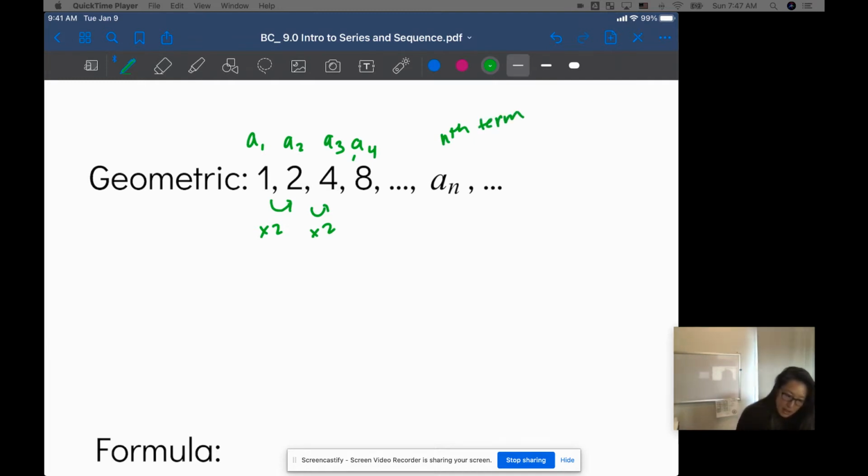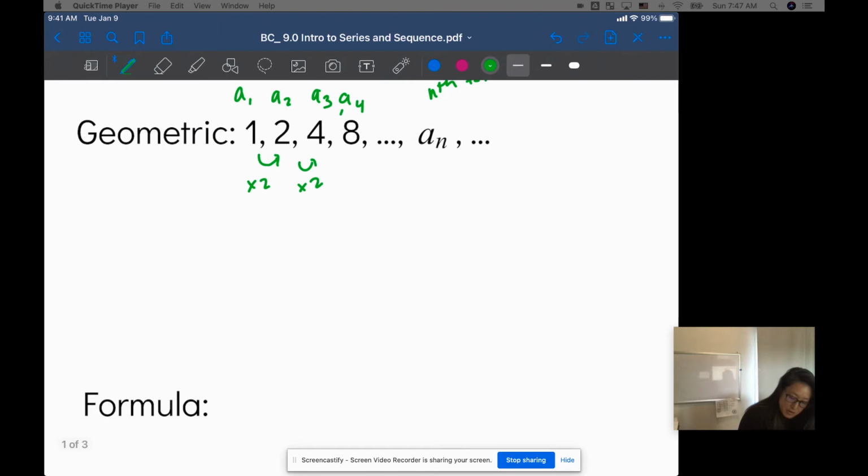Okay, and so the formula for a geometric sequence is a sub n is equal to my initial value, a sub 1, times our common ratio, which we'll call r, raised to the power. We want a sub 1 to have an exponent of 0 since it's our initial value. So we're going to have to use n minus 1, and that's it.